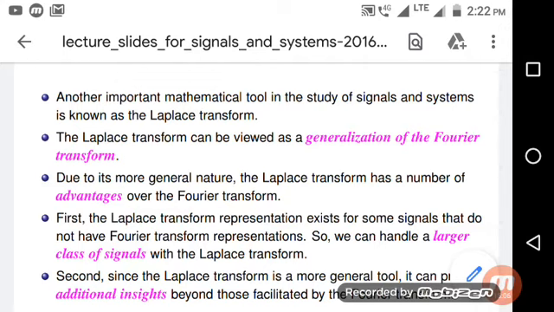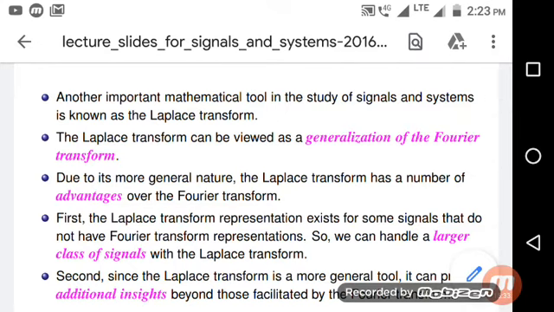And next point, the Laplace transform exists for some signals that do not have Fourier transform representations, so we can handle a large class of signals with the Laplace transform.